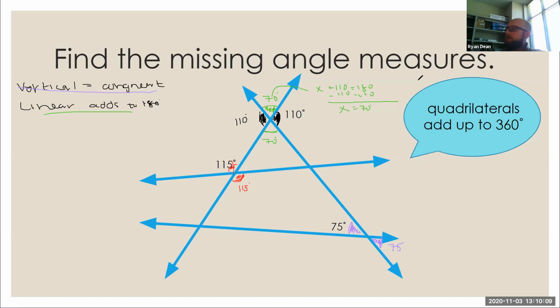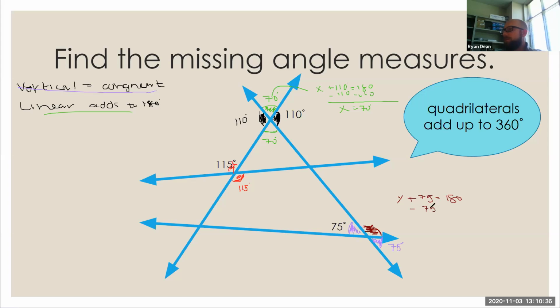Then I would move on to the next one. Let's come down here to the 75s. If I wanted to figure out this purple angle, or maroon, I'm going to call this y. I'm going to say y plus 75 equals 180.